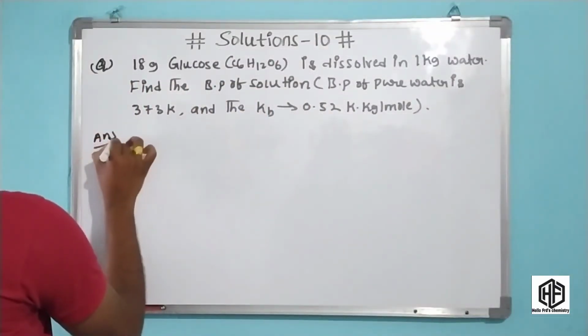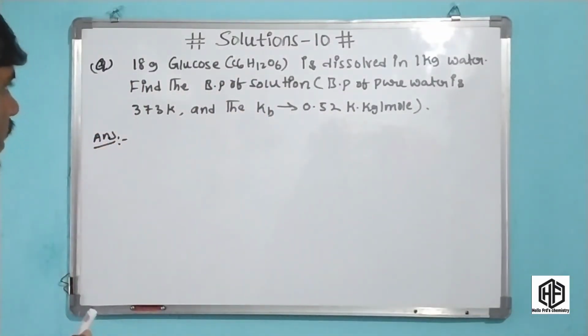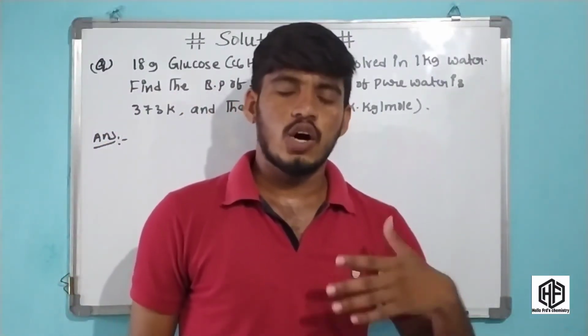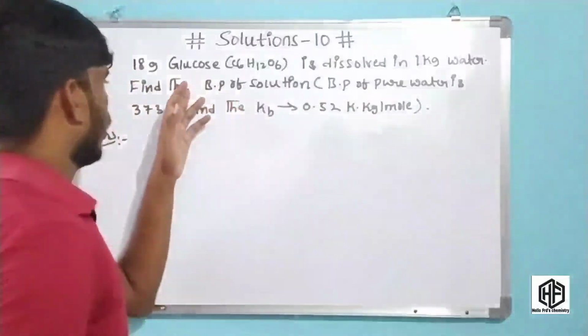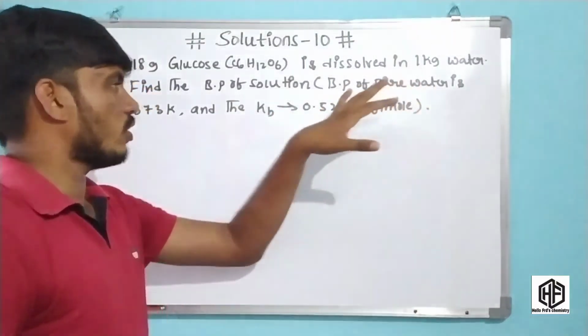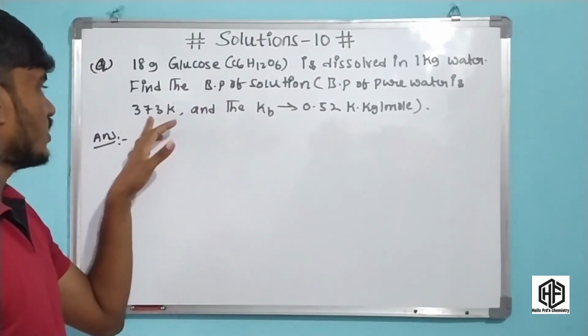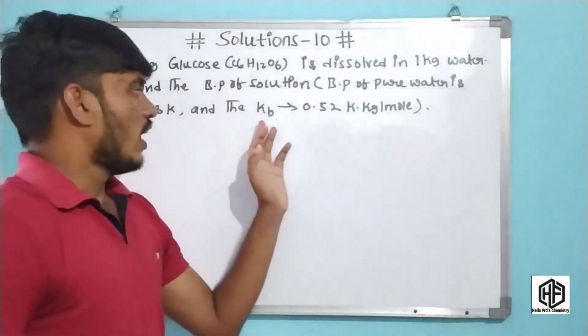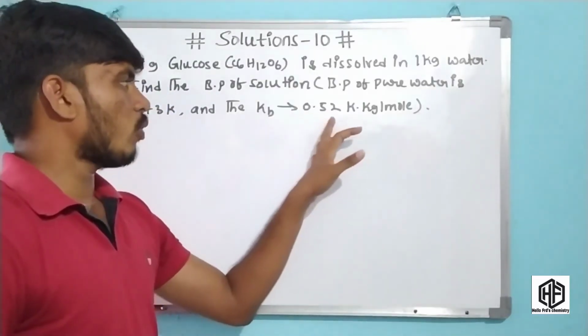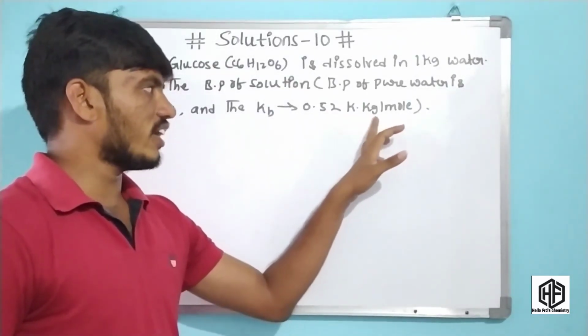Now what is the answer? 18 grams of glucose is dissolved in 1 kg of water, and we have to find the boiling point of the solution. Given in the question: the boiling point of pure water is 373 Kelvin and the ebullioscopic or molar elevation constant Kb is 0.52 Kelvin kg per mole.